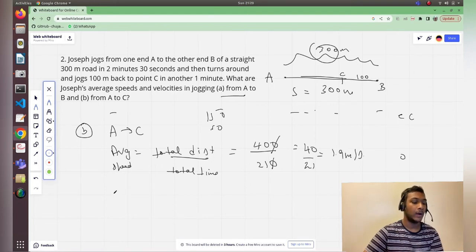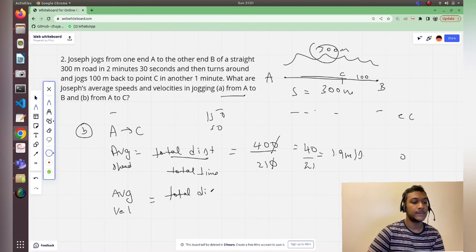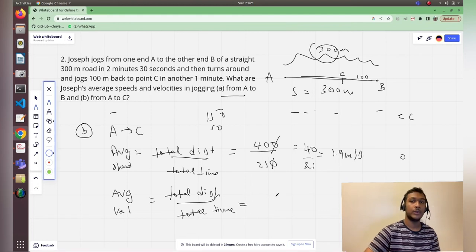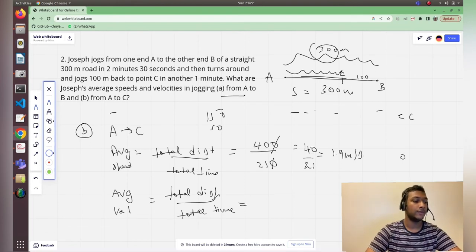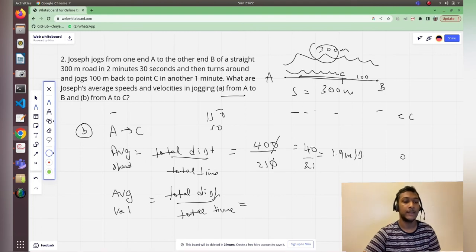Okay. Now, what is the average velocity? Average velocity is equal to total displacement by total time, which is this distance, right? So if it is only this distance, that means it is 300 minus 100, which is 200.